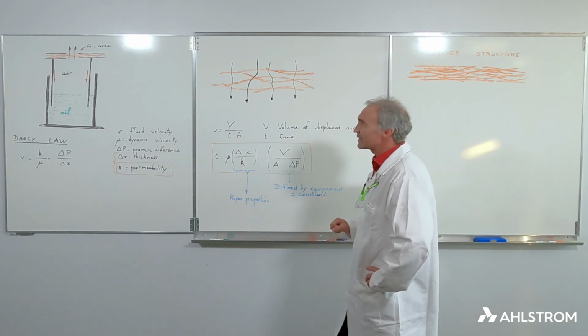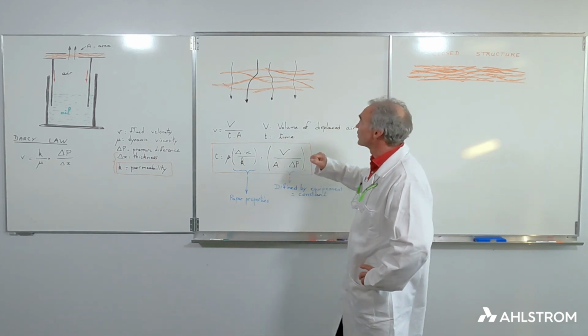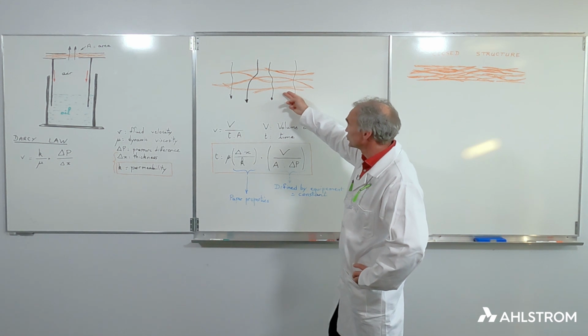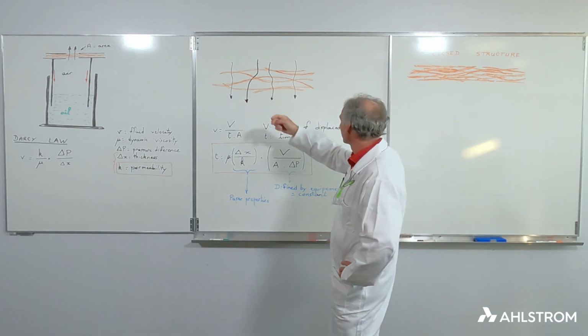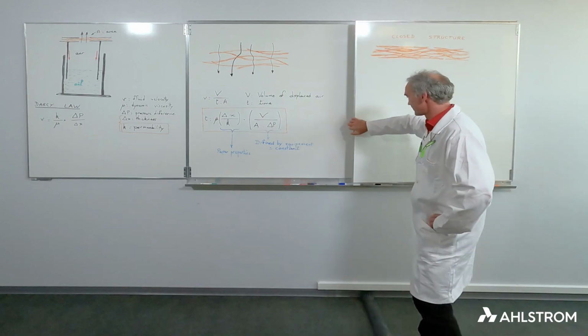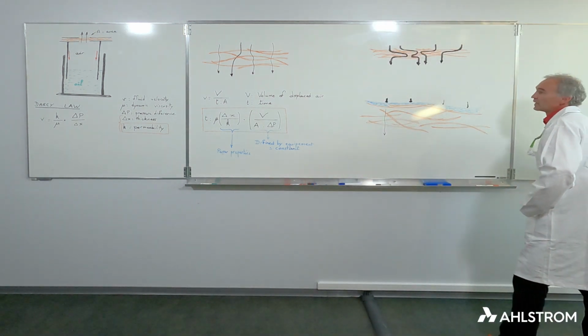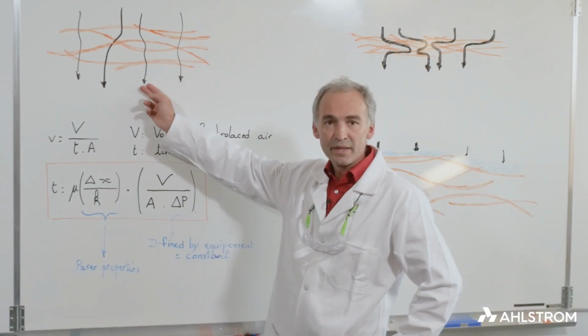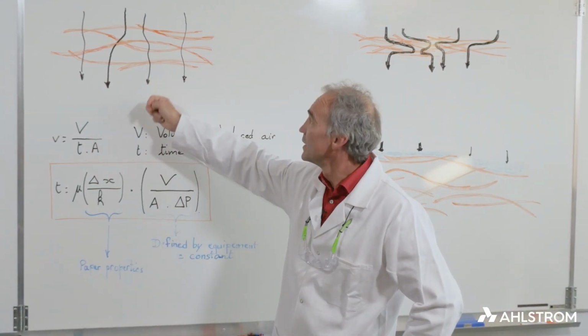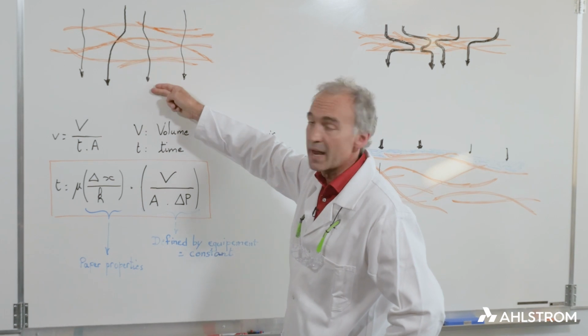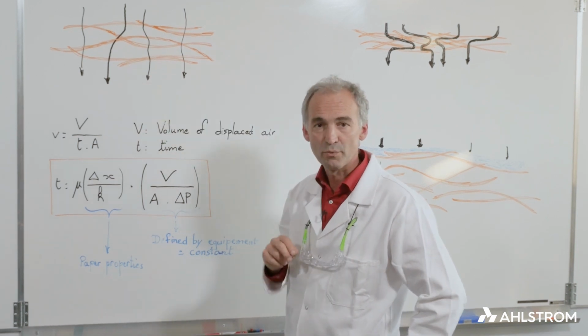Now, let's return to our two paper structures, the open structure and the closed structure. In the open structure, it's very easy for the air to pass through the web.